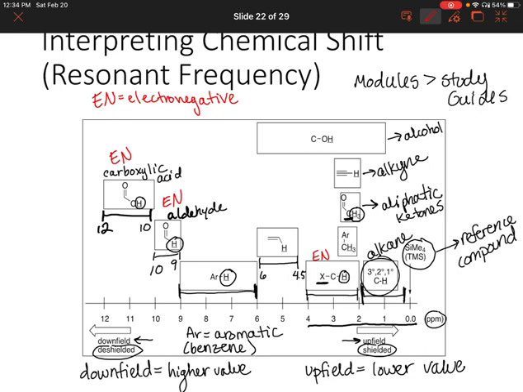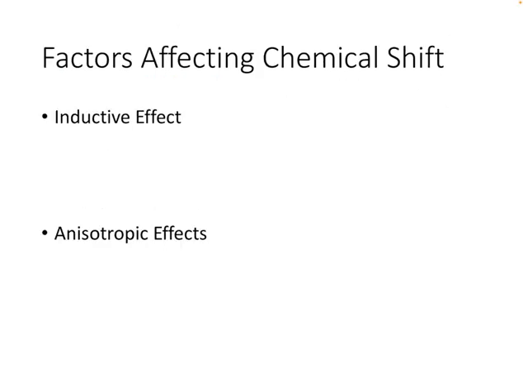You'll also notice that the aromatic groups have an effect on where the peak will show up as well. So let's just talk about those two different factors. The factors that affect your chemical shift are, one, the inductive effect. We talked about that last quarter.